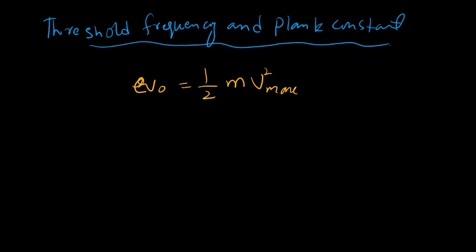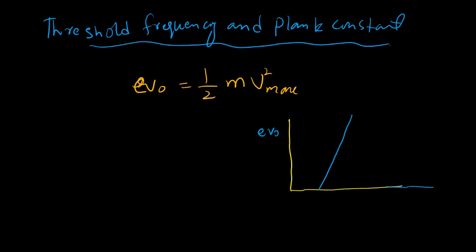This is the maximum kinetic energy of an emitted electron from a given surface, and it increases linearly with the incident frequency. So here we can plot the maximum kinetic energy of the electron, eV naught, versus different frequencies.